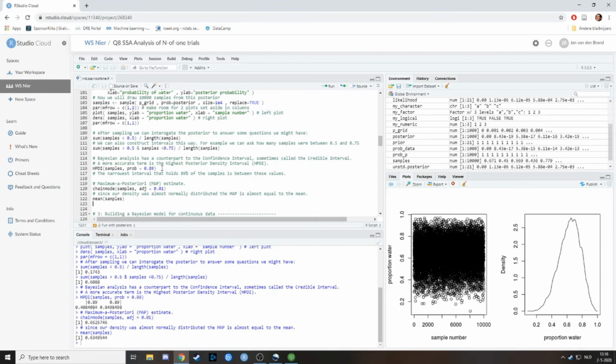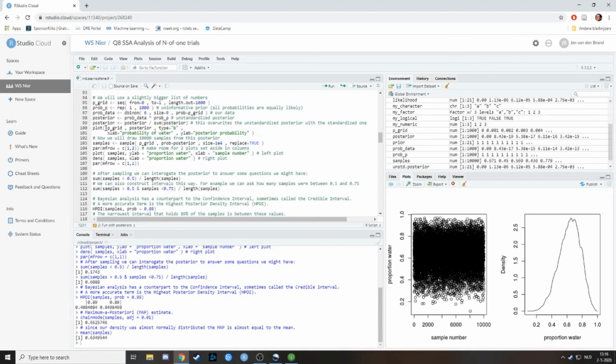So to recap, if we've generated a posterior, we can sample from this posterior, and we can even draw more samples than actually are in the posterior distribution, because we're sampling with replacement, and this is not an issue at all. It's very analogous to, for instance, bootstrapping, which is used in frequentist statistics as well.